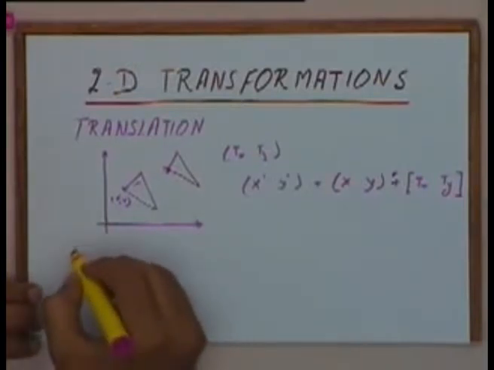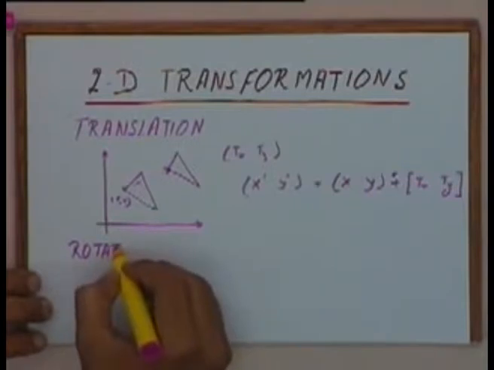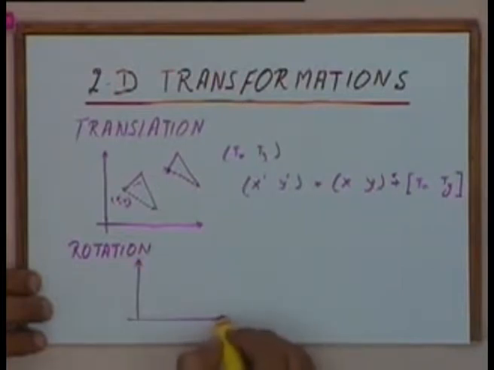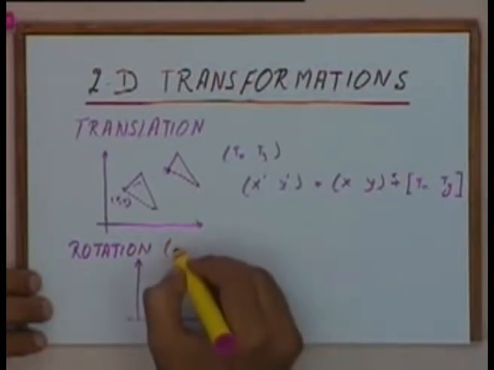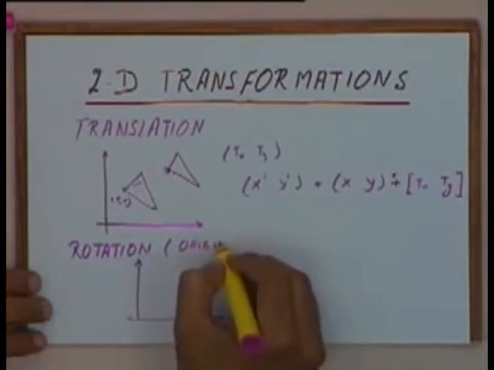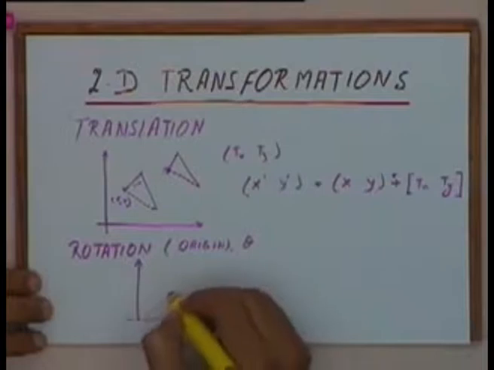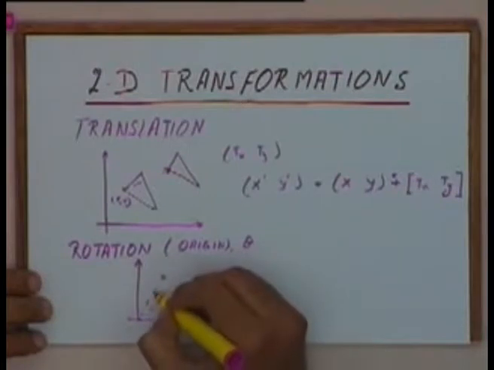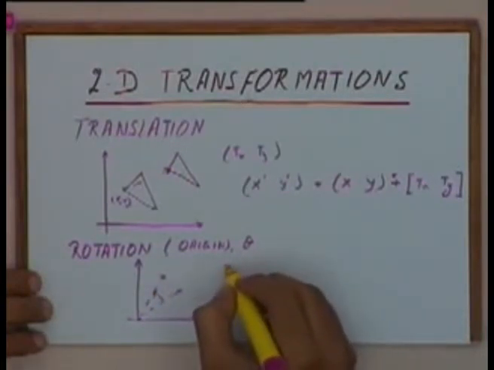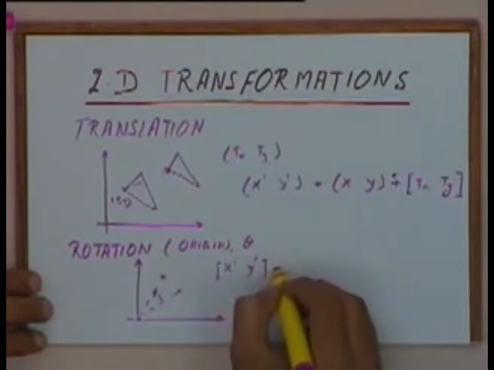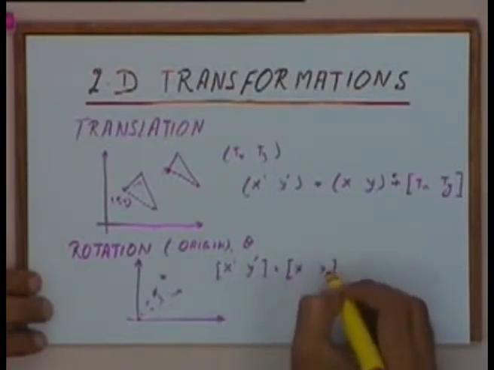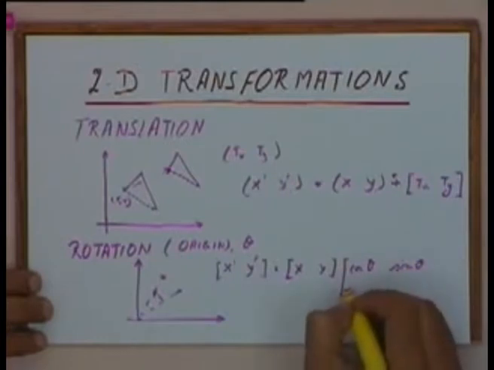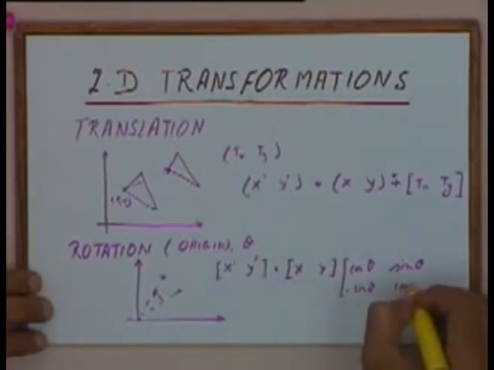The other operation that we had seen last time was rotation, and we said that in rotation about the origin by an angle theta, any point (x, y) will get transformed to a point in this manner, and we had said that (x', y') will be equal to (x, y) multiplied by a matrix which is [cos theta, sin theta; minus sin theta, cos theta].